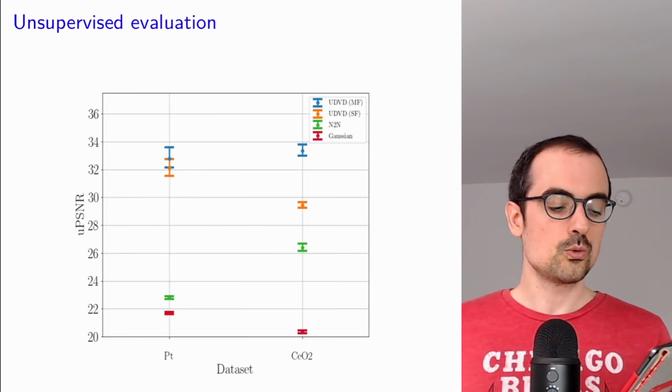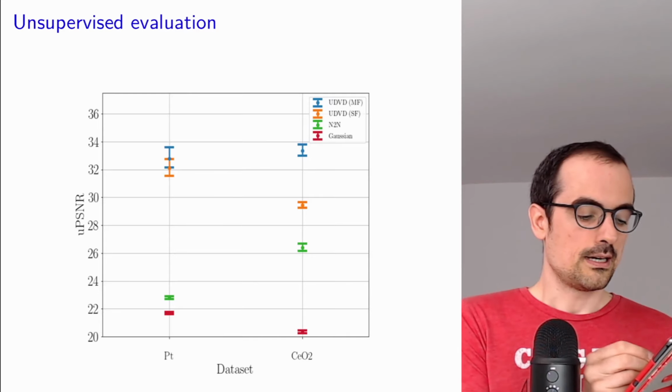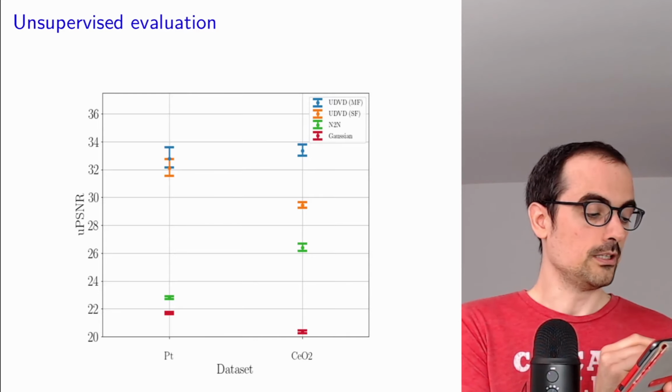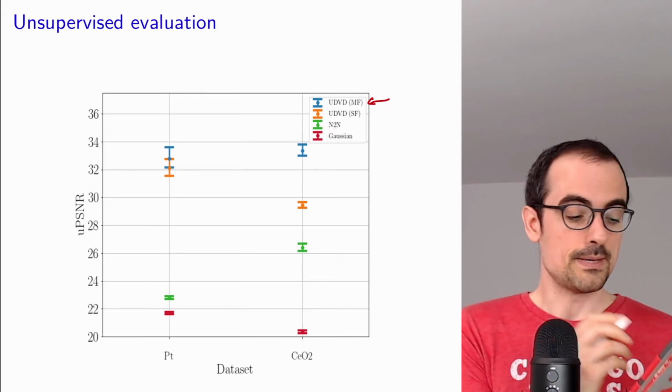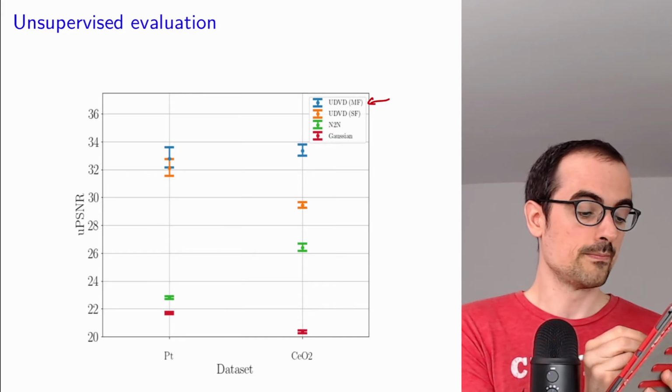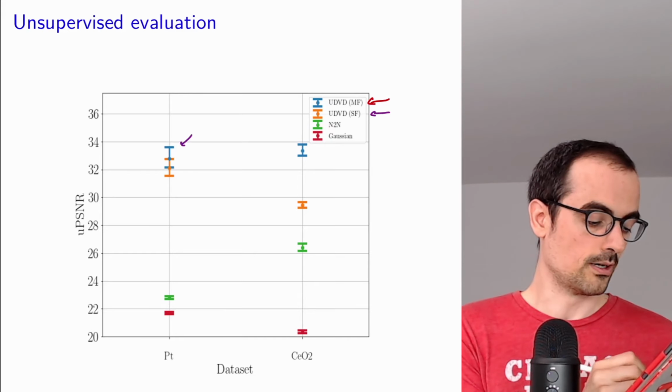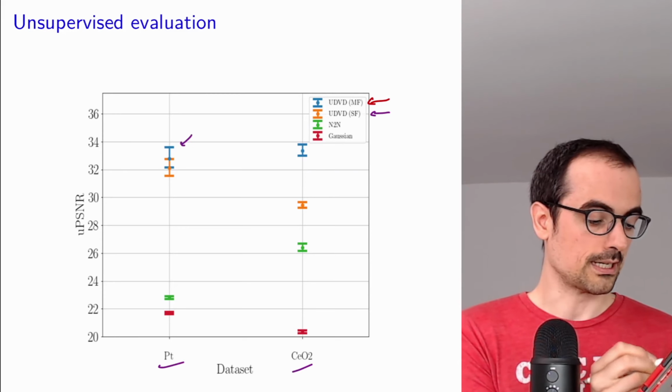Using this evaluation, we determined that a blind spot unsupervised denoiser that used several frames was better than one that used only one frame. So here you see the difference for a platinum dataset and a cerium oxide dataset.